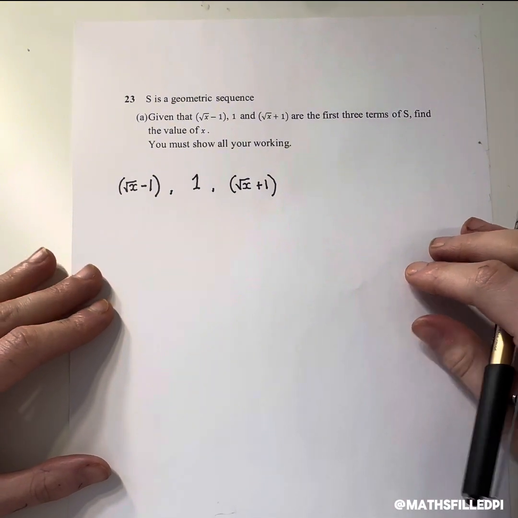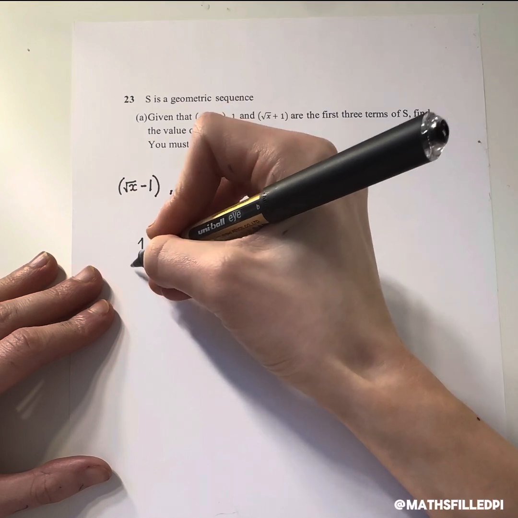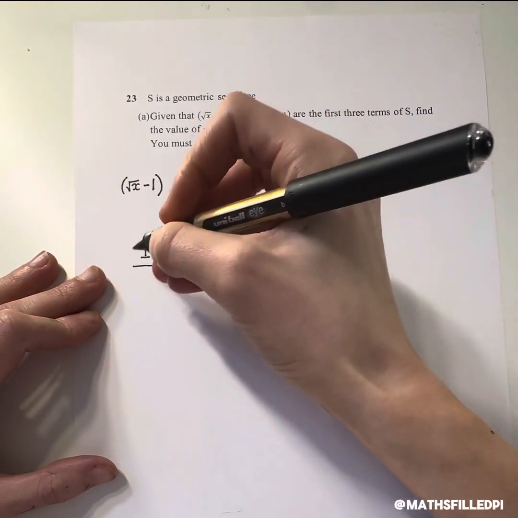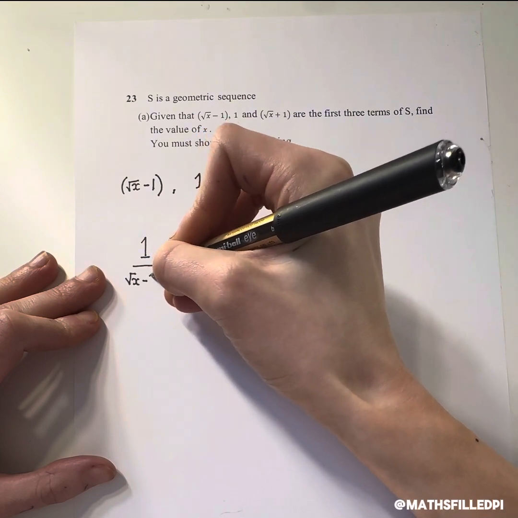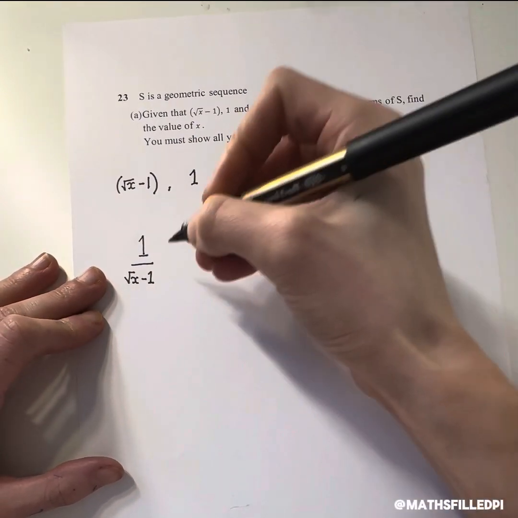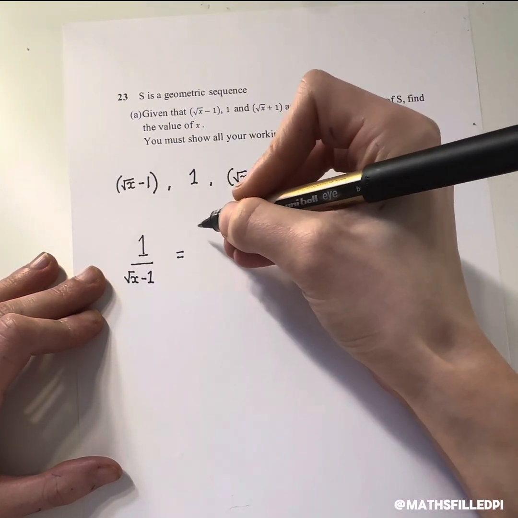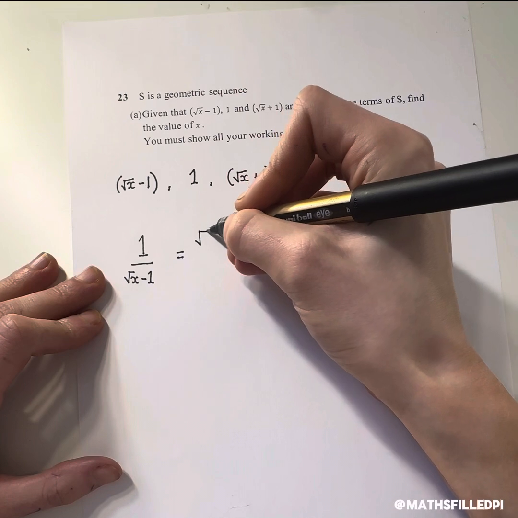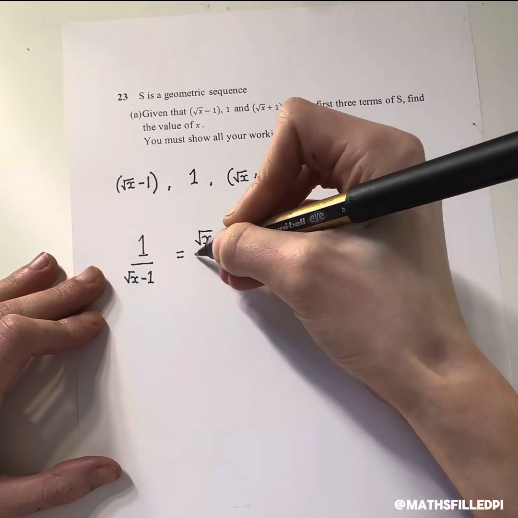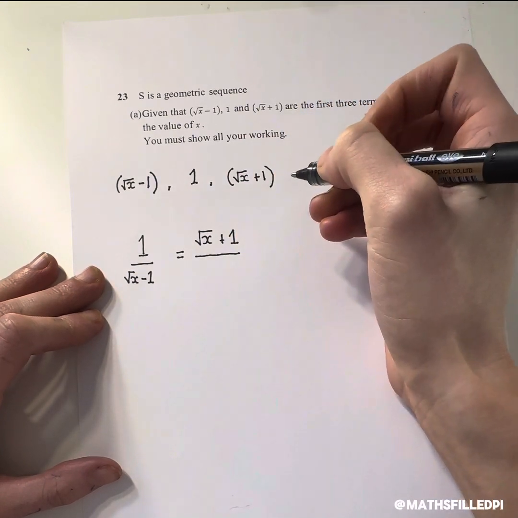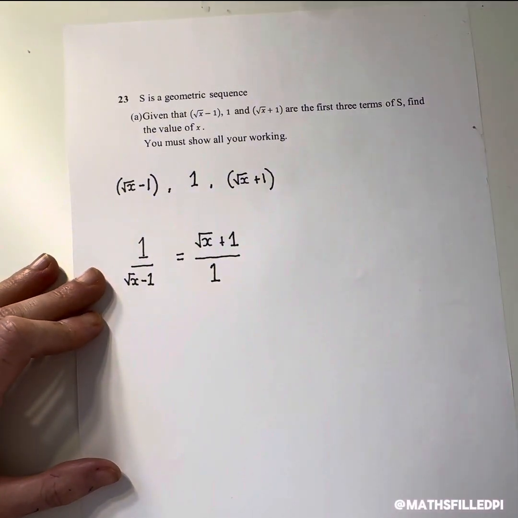Okay, so we're going to do our second term, which is 1, over our first term, which is root x minus 1. And we're going to say that is equal to our third term, root x plus 1, over our second term, so 1.